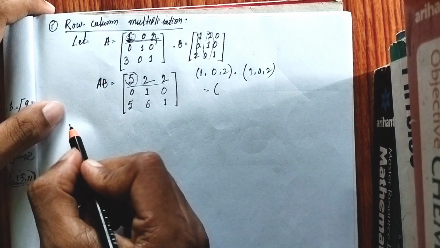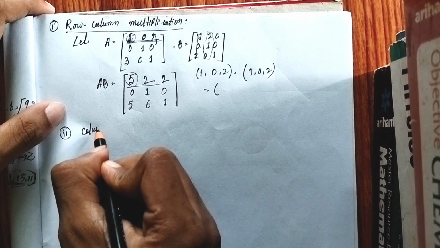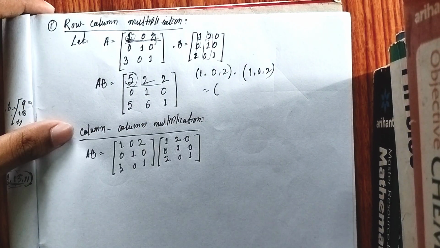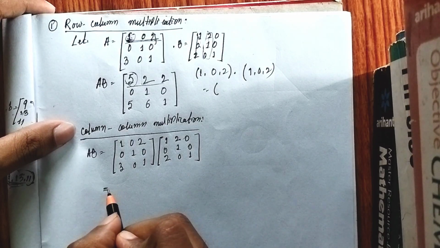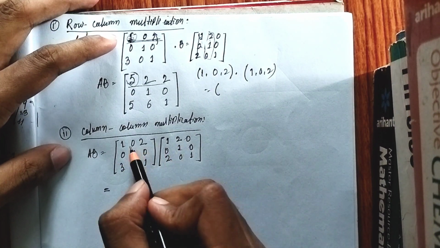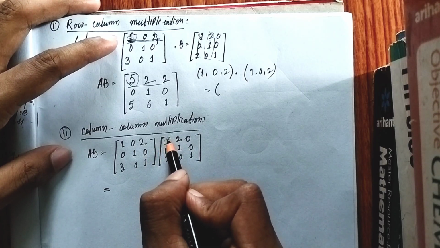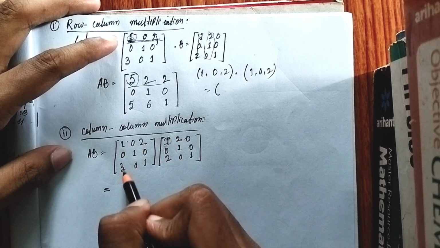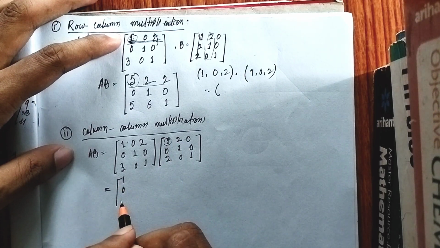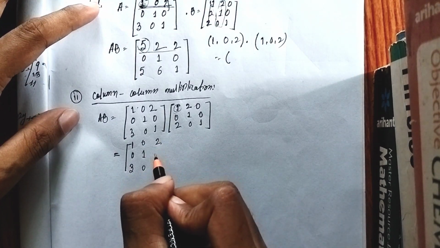And second is column multiplication. In column multiplication, we multiply the columns of A with the columns of B. That means like this, we multiply this term with this column: 1 0 3, 0 1 0, 2 0 1.